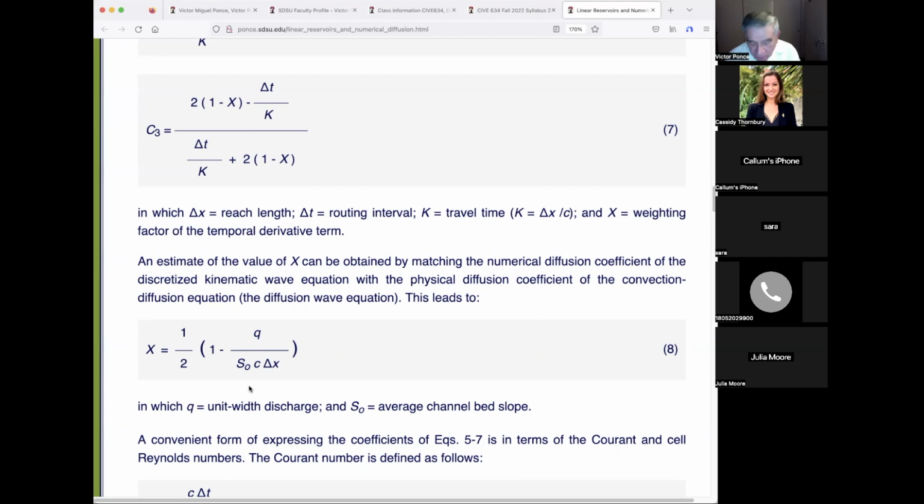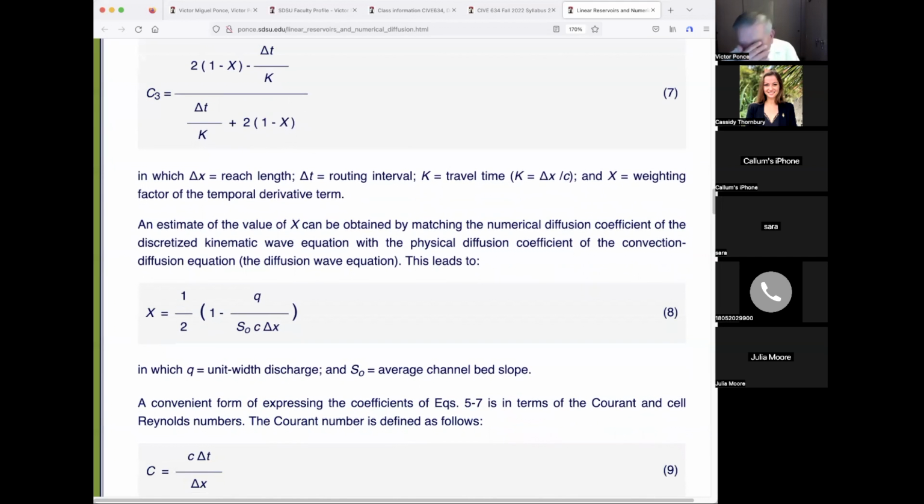And this is the formula. Now, admittedly, Ponce didn't get here. He got close to here, but in his wisdom, he couldn't do it. That was 1969, in that famous paper. It is a defining paper in hydraulics and hydrology.